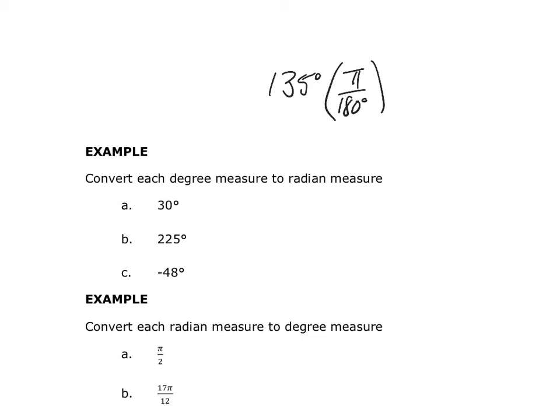So the pi there is in radians. So it's pi radians over 180 degrees. And I do my cancellations, and I'm trying to find the largest number that goes into both 135 and 180. And my answer is 3 pi over 4 radians.